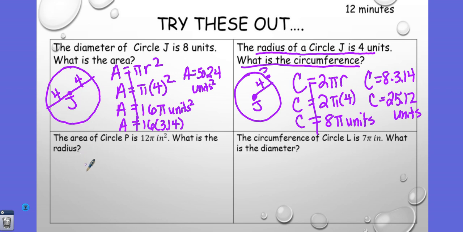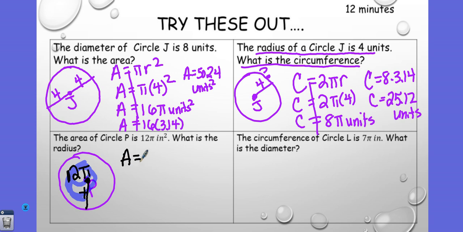Okay, the next one, it says the area of circle P. So that means the inside of circle P is some number, and that number is 12 pi. So the inside of circle P is 12 pi. And what is the radius? So from the center of the circle to the end, I'm going to call that X. That's what I'm looking for. So we can use the area formula since that's what we were given.